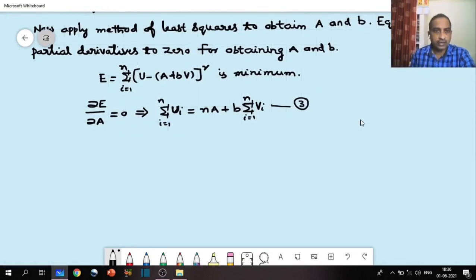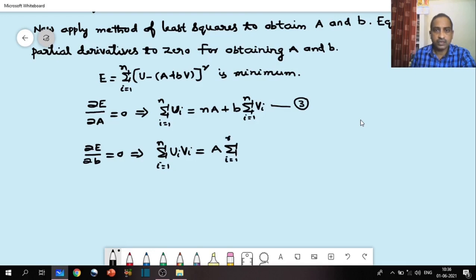Then you take the other derivative, dou E by dou b equals 0. That implies summation u i v i equals A summation v i plus b summation v i square. So this is equation 4.